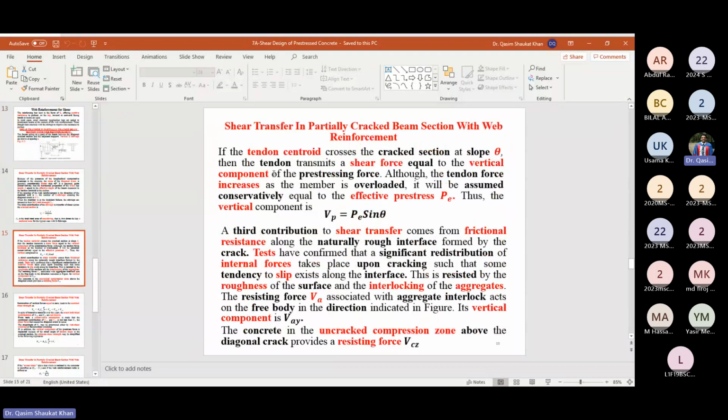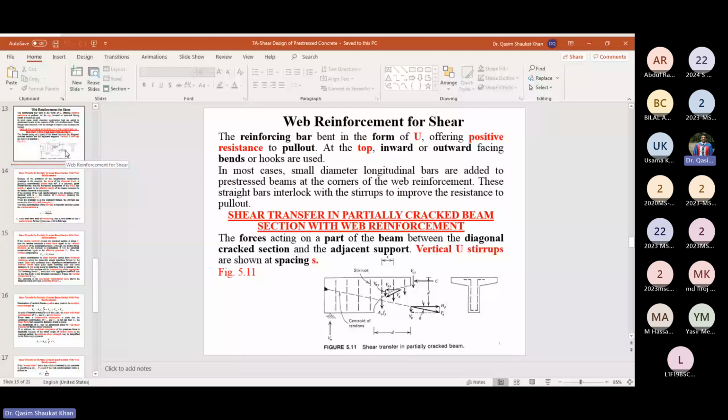So if the tendon centroid crosses the cracked section at slope theta, then the tendon transmits a shear force equal to the vertical component of the pre-stressing force. So this is the vertical component, Vp. This is the effective pre-stress which is at an angle theta and where it is crossing the crack section.